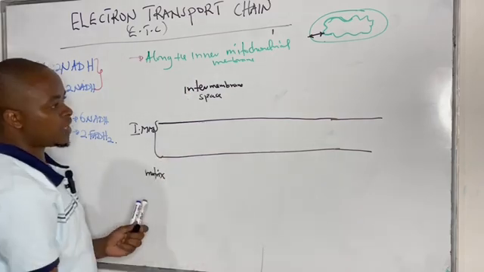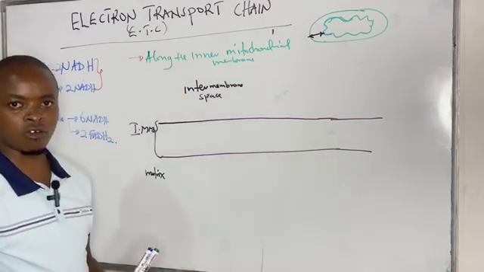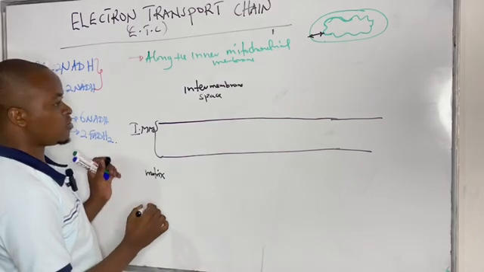And we see different complexes doing the role of electron transport along the inner mitochondrial membrane.